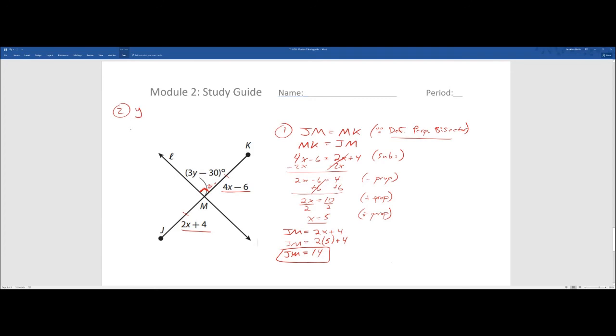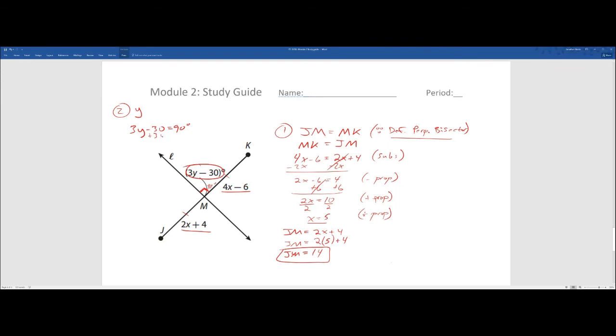This is actually from your homework from your book. To solve for y, we have the algebraic expression 3y minus 30 degrees for this angle, and that has to equal 90 degrees because this is a perpendicular bisector.